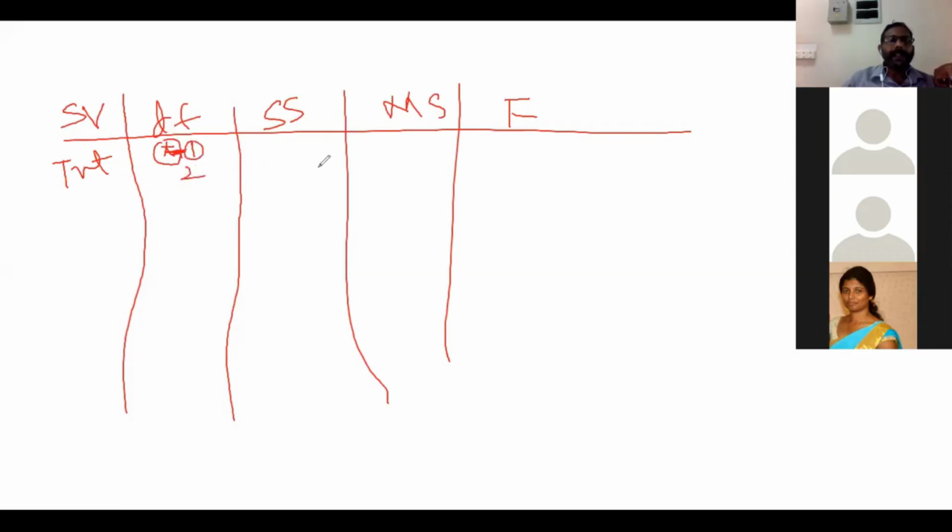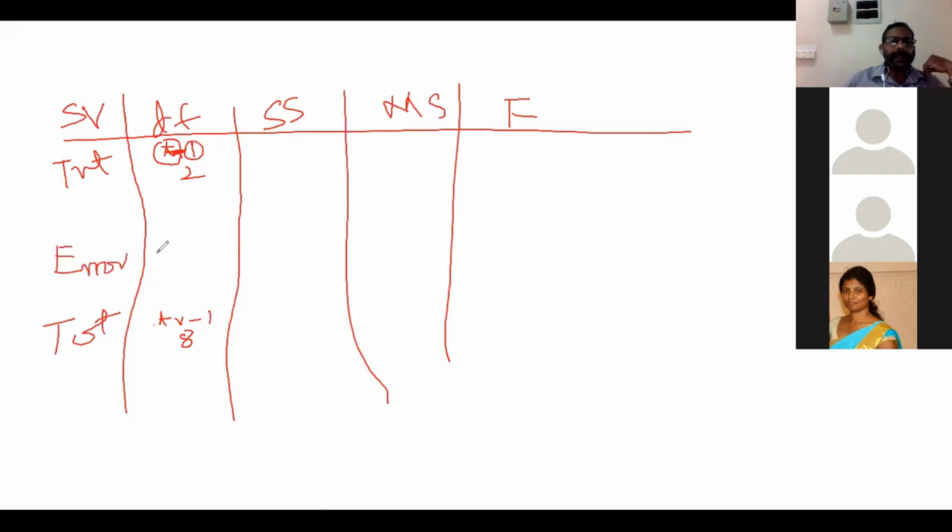So nicely fill this table. This is called the ANOVA table. Next one is total. What is the degrees of freedom of total? TR minus 1. T is 3, R is 3, so 3 into 3 is 9, minus 1 is 8. Then you have error.